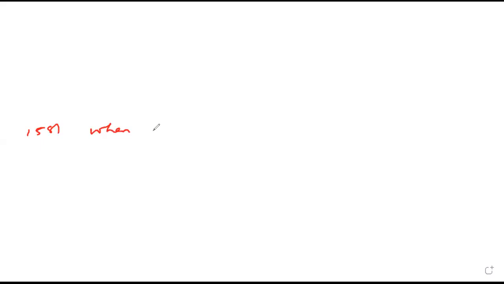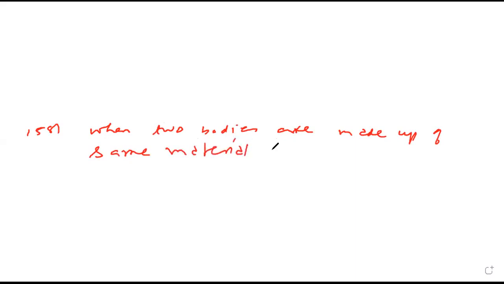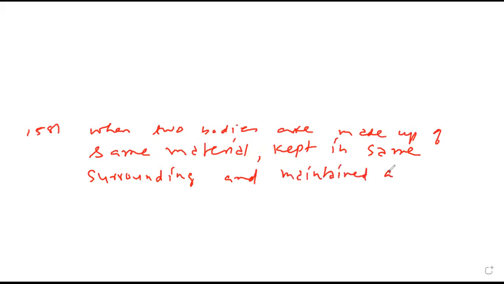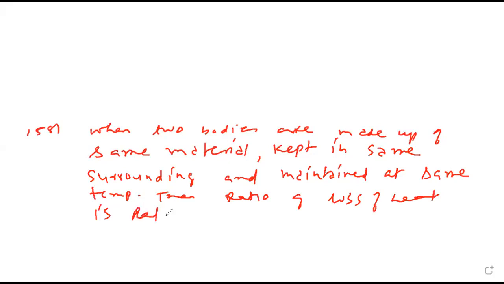See, remember this every time: when two bodies are made up of the same material, kept in the same surrounding, and maintained at the same temperature, then the ratio of loss of heat is the ratio of the square of their radii.